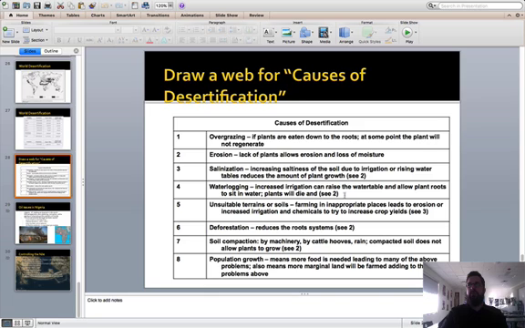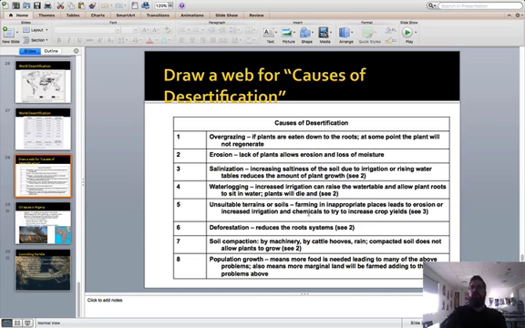Water logging, again, if you water too much, basically, then they can die as well. Unsuitable terrains or soils for farming. So basically, there's certain crops that are good in certain soils, but if you're growing crops that aren't really suited for that area, then it can deplete the nutrients in that soil quite quickly. And then also, if you don't do crop rotation, then it's going to destroy the soil quicker.